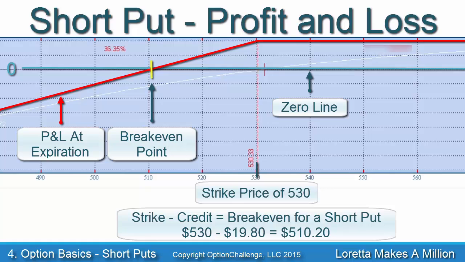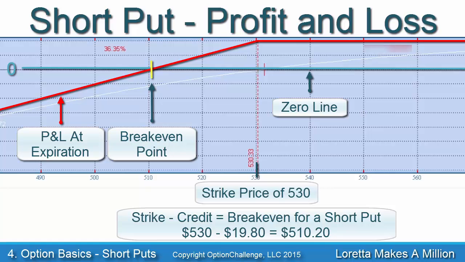The break-even for a short put is determined by subtracting the credit received from the strike price. In this case, a credit of $19.80 is subtracted from the 530 strike for a break-even of $510.20. We need the price of Google to be greater than $510.20 to make money at expiration.